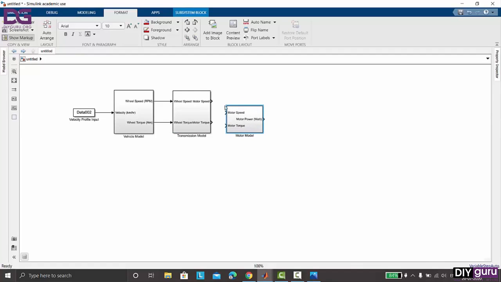So we are done with the motor model. So let us connect the inputs.